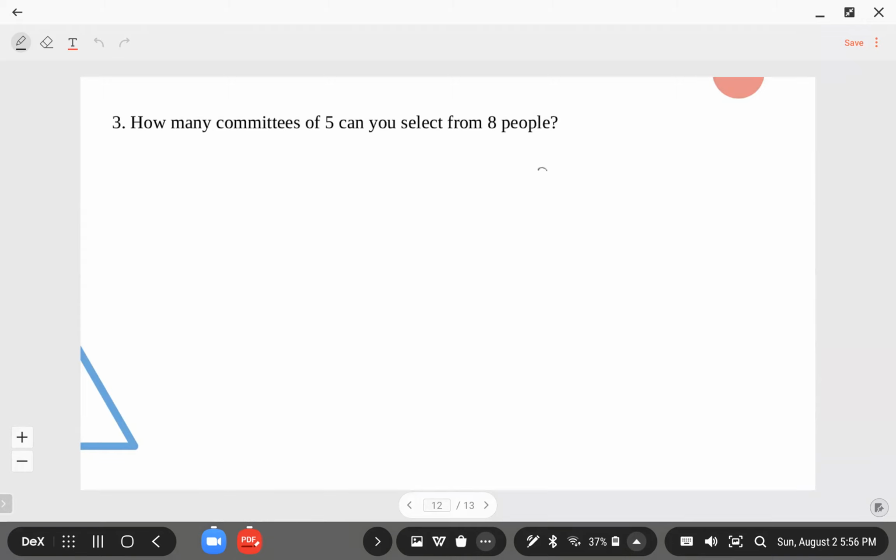And then 8 factorial on top, divided by 8 minus 5, because 5 is the number of objects in the selection we're taking from the set. Then factorial times another 5 factorial. So basically it would be equal to 8 factorial divided by 3 factorial times 5 factorial.